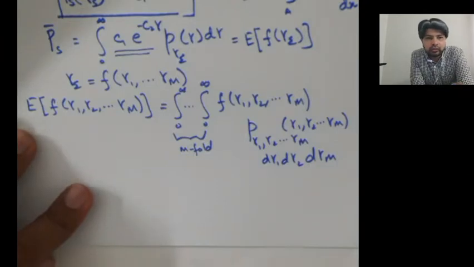So if you have a function of capital M variables and want to compute its expected value, you must have an M-fold integral of the function times the joint distribution.